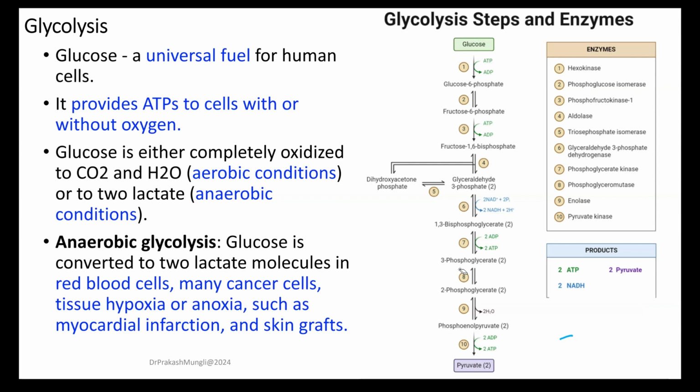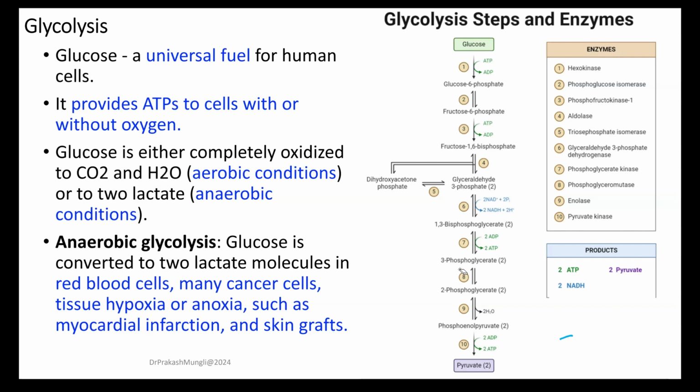That's the speciality of glycolysis. No other pathway is able to do this. So glycolysis happens in the presence of oxygen or in the absence of oxygen. That means irrespective of availability of oxygen, glycolysis is able to provide ATPs to your cells.